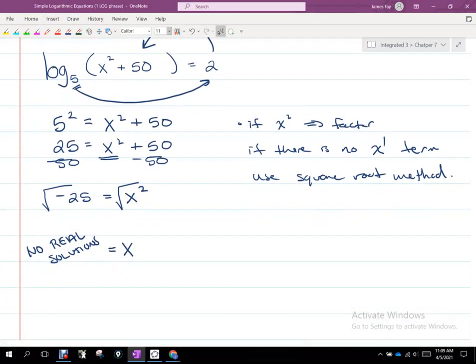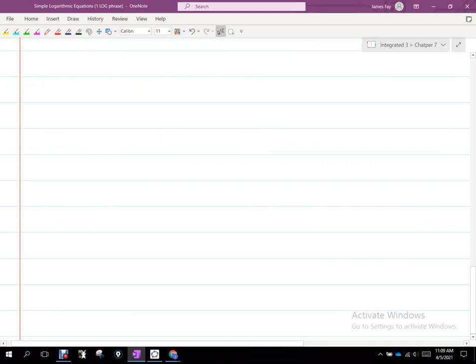Let's do another one like that, but we'll have some solutions here. Let's go log base 10.